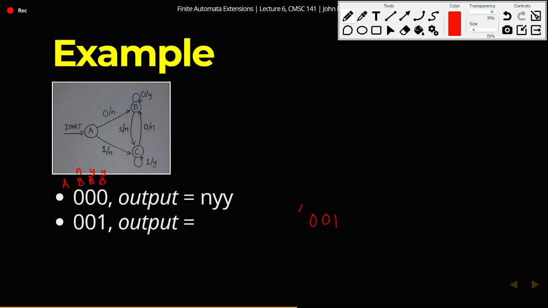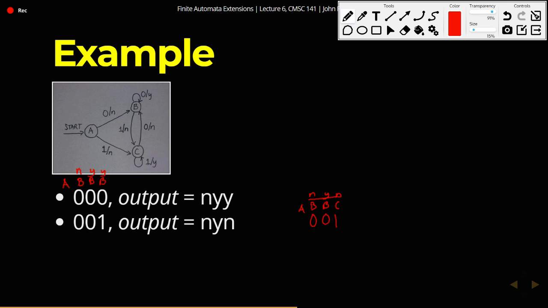So we'll start at state A. A on 0 will go to B, and the output on that transition is N. Okay, then B on 0 will stay in B and output Y because it followed this transition. So we have the output Y. And then B on 1 will go to C, and then since it followed this transition, outputs N. So the output for 0, 0, 1 is NYN.